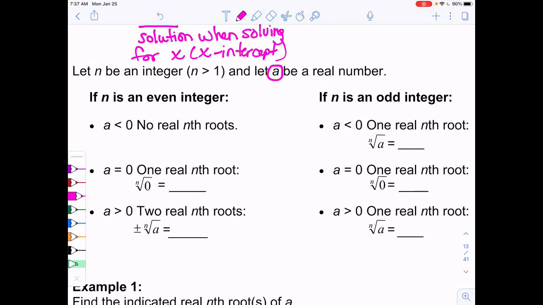So a is the number underneath and the index is bigger than 1. If it is even, and this is important here, so a square root, a fourth root, a sixth root. So when that index is even, then there are 3 conditions that happen.